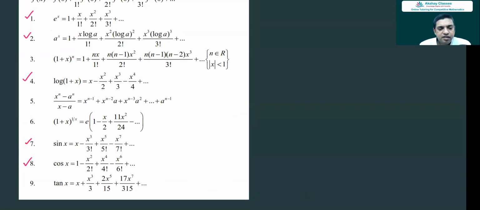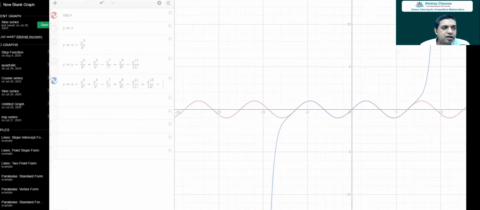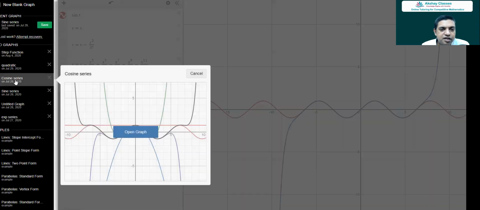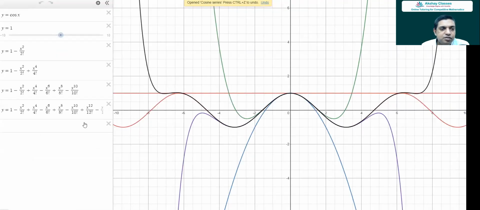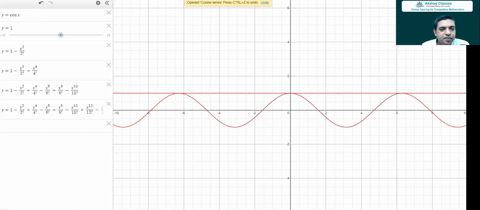So we can show that the same thing is valid for other graphs also. I'll choose cosine now. I have shown this earlier. So there's the cosine graph. With the first term approximation, we get this, not at all matching.